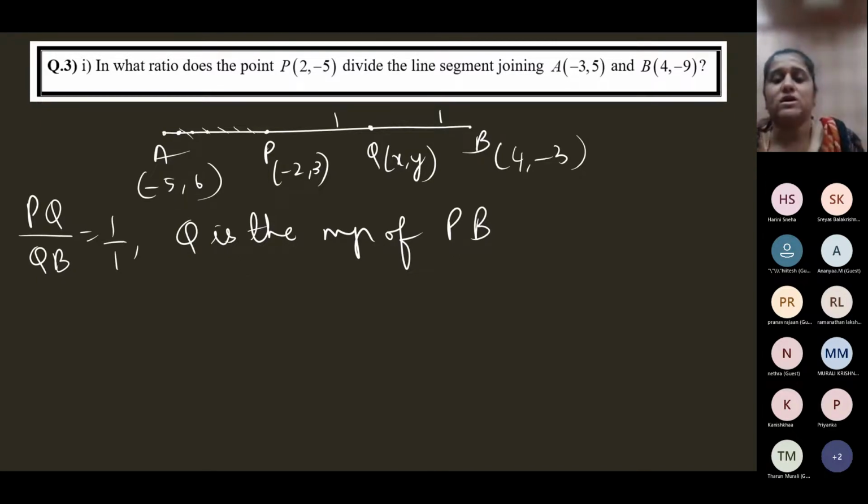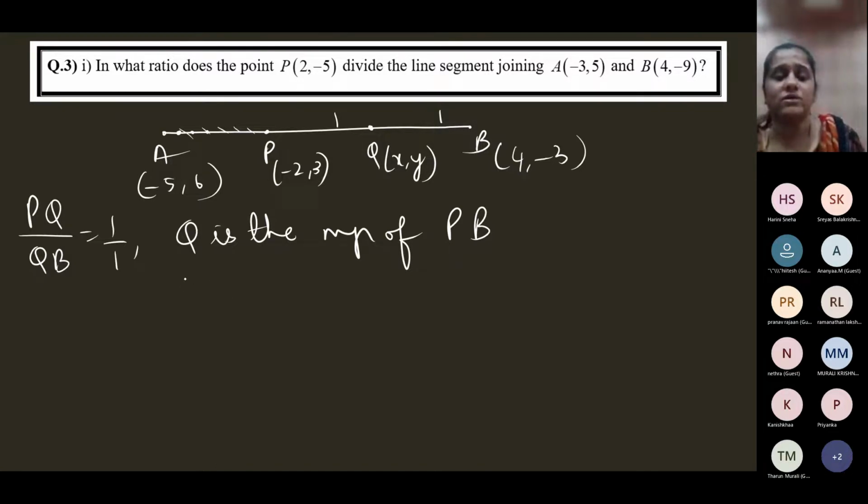So in the formula, you must make use of the coordinates of P and B. A is not in the picture here. Q is the midpoint of PB. So now we know that the midpoint formula is used to find the X coordinate and the Y coordinate of the midpoint.